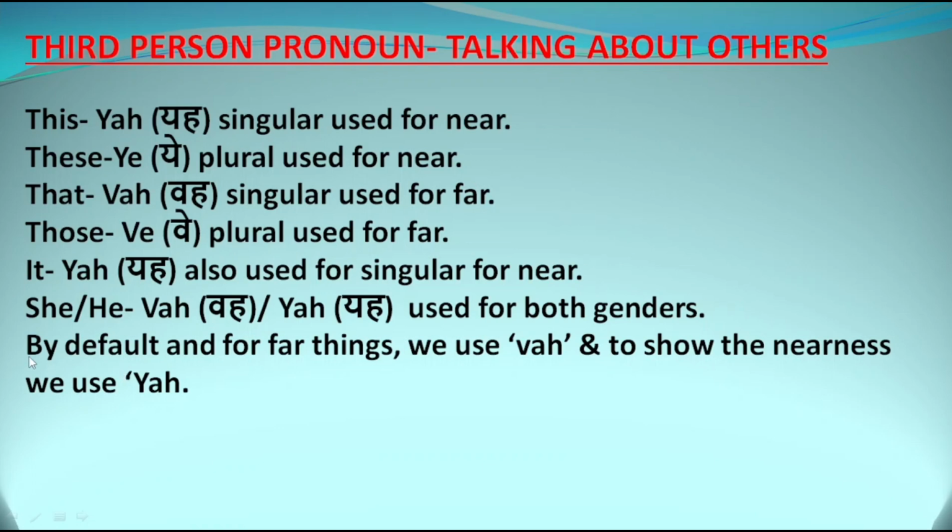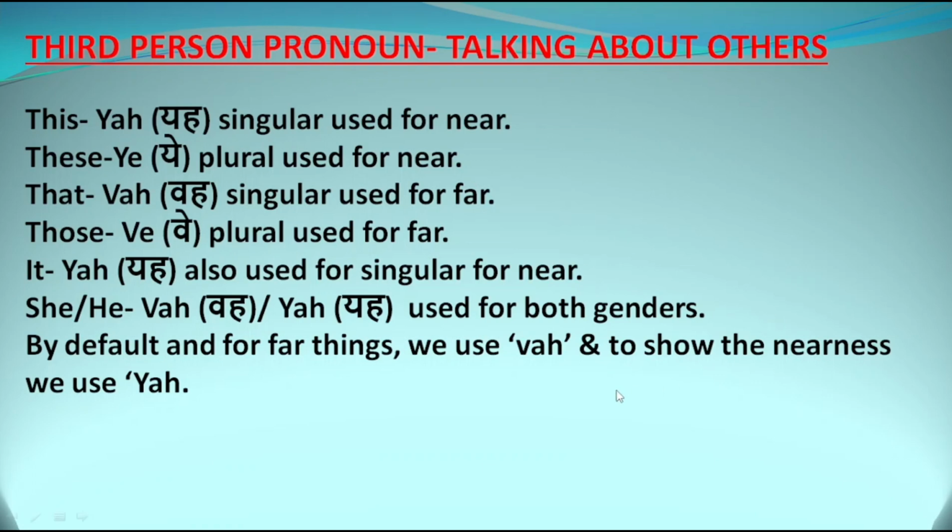One more important thing is that by default and for far things, when we are using he and she for far things, then we will take the meaning as वह. For far things or by default, he, she means वह.